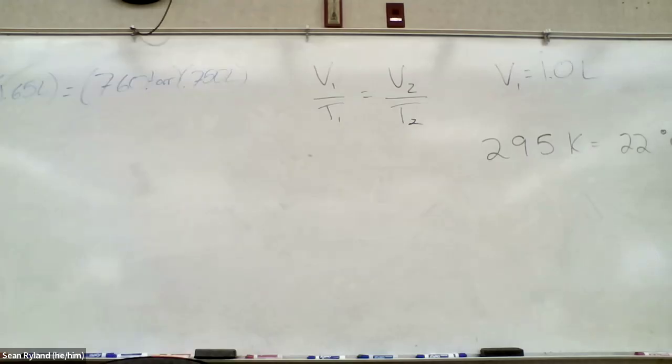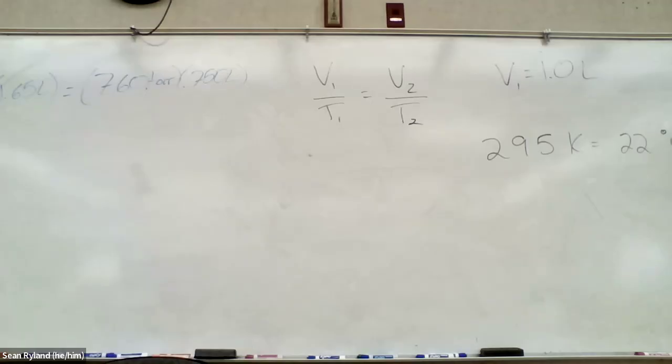Turns out we can do the same thing with proportionality. We can say if A is proportional to B and B is proportional to C, then A is proportional to C. That is a little bit more useful in this case because we have volume is proportional to temperature and pressure is proportional to 1 over volume.